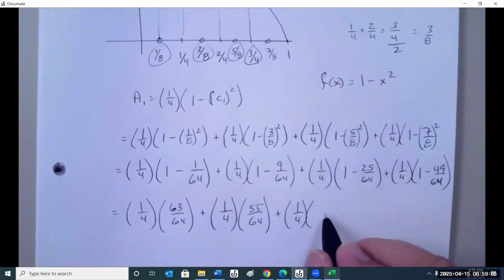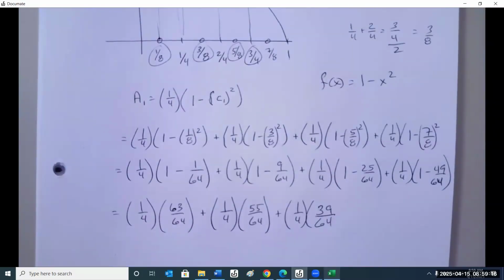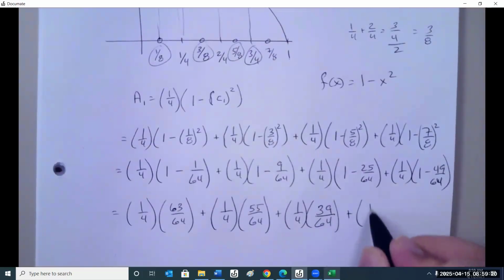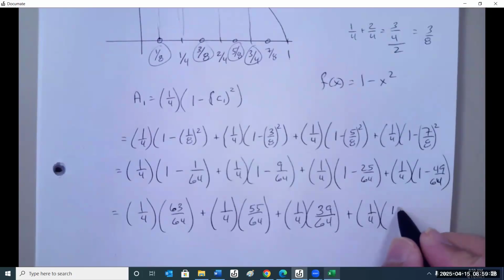One minus 25/64 is 39/64. And then 1 minus 49/64 is 15/64.